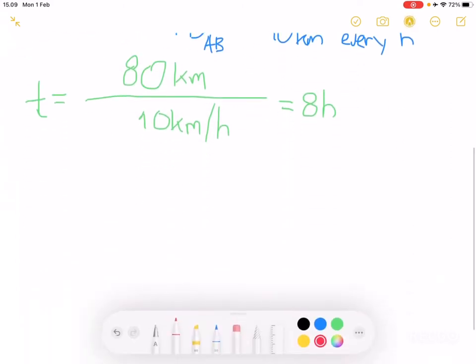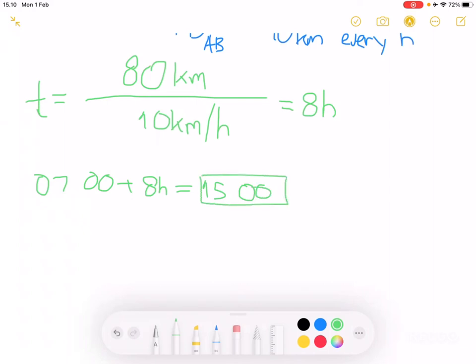So we can just add the time to our 8 hours right here. So we have 7 plus 8 hours, which is 15, and this is the final answer.